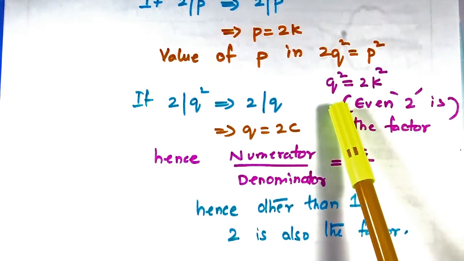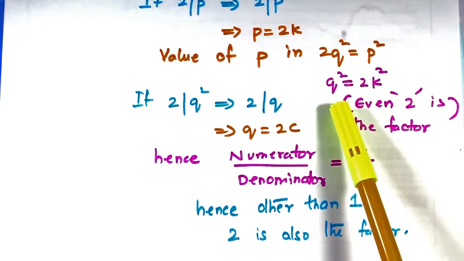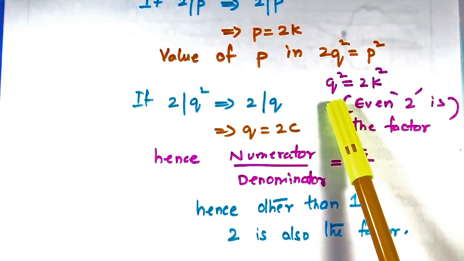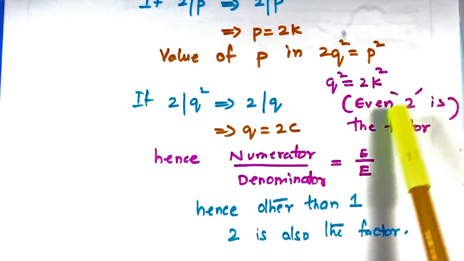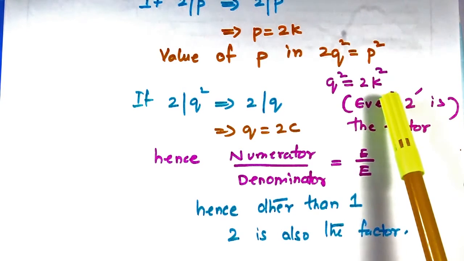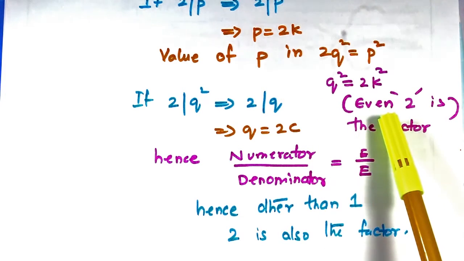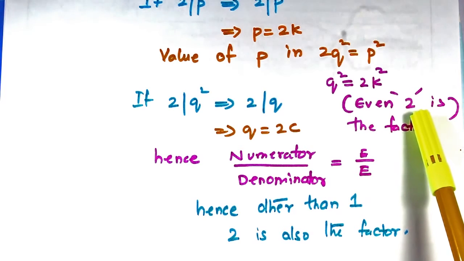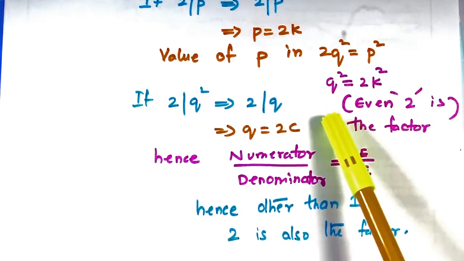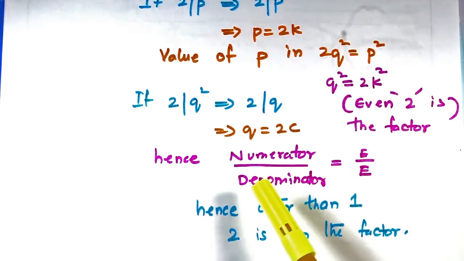Now again we got another number, that is from the p by q. That is, q square has a factor of 2 in the prime decomposition. That means, hence, we can say that q is also an even number, and it has a factor of 2 in its prime decomposition.